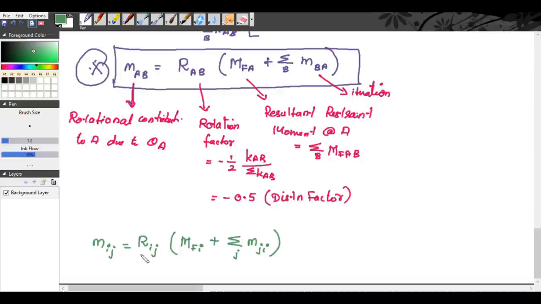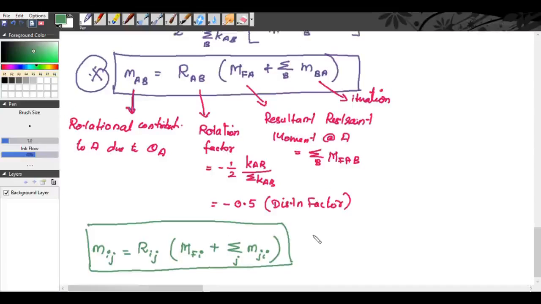Okay, this is the general case. So, you replace A by i and B by j.